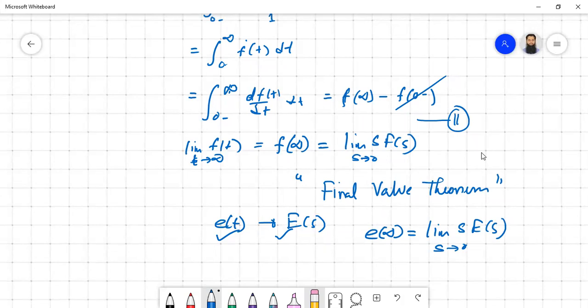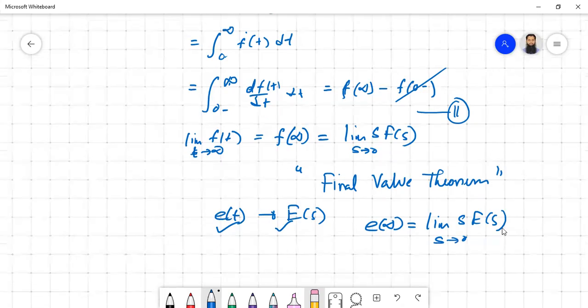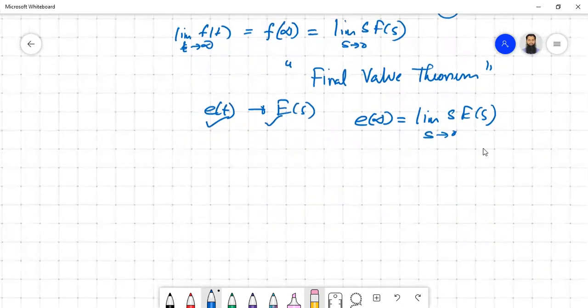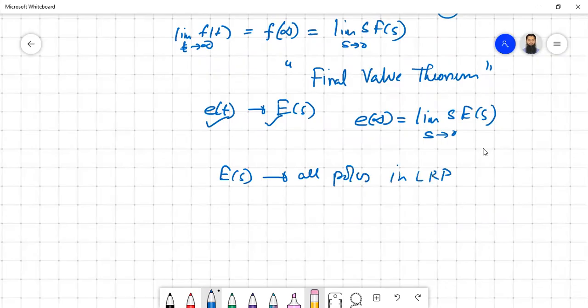Okay, but there is one thing we have to remember: to apply this steady state error analysis, as we already said, our system has to be stable. What does it mean? E(s) should have all poles in the left half plane.